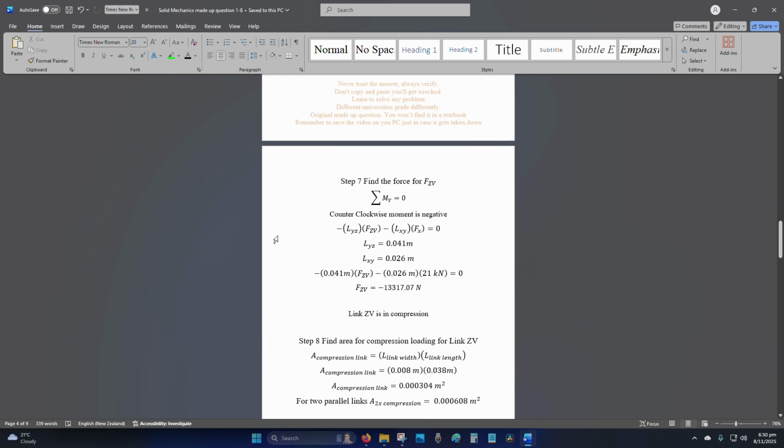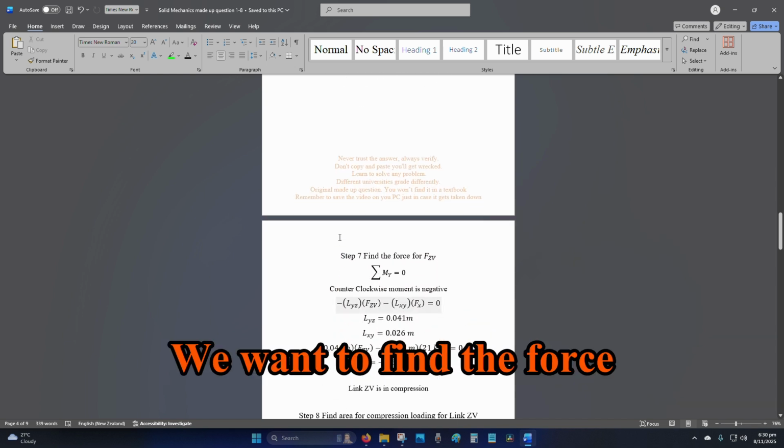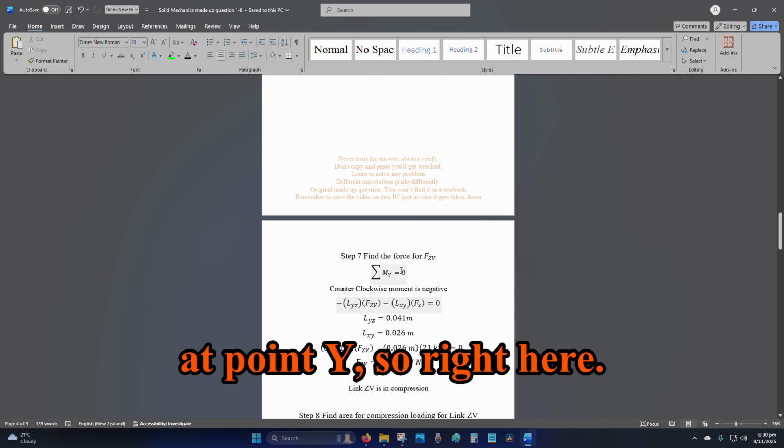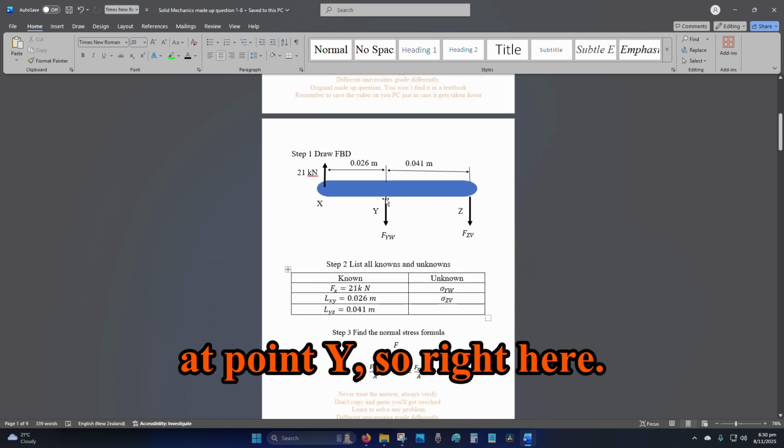Now for part B, we want to find the force at point Y, so right here.